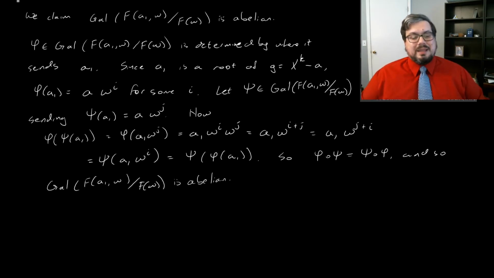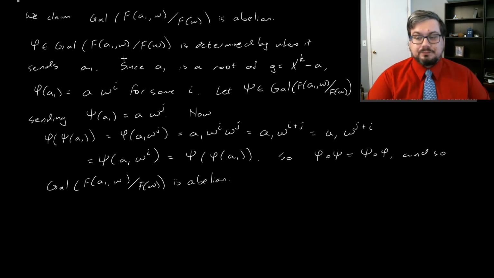So now that we have some Galois groups that we know are abelian, we're going to use the fundamental theorem of Galois theory in order to construct a sequence of subgroups that shows solvability of a Galois group.